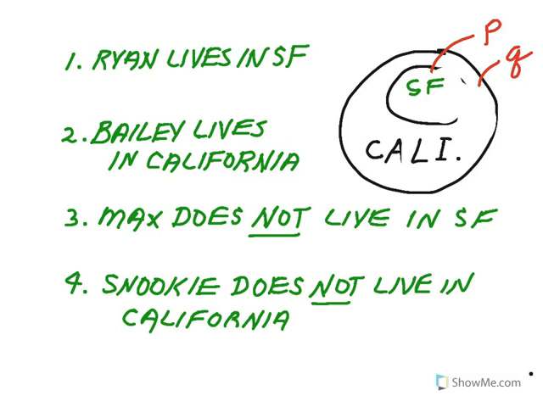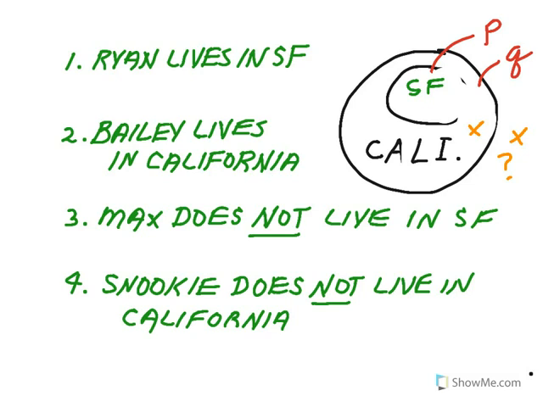Statement number three: Max does not live in San Francisco. Can I draw a conclusion about whether he lives in California or not? Well, Max could live in some other city in California, or Max could live out of state. Max could live in Nebraska. All we know is he doesn't live in San Francisco.